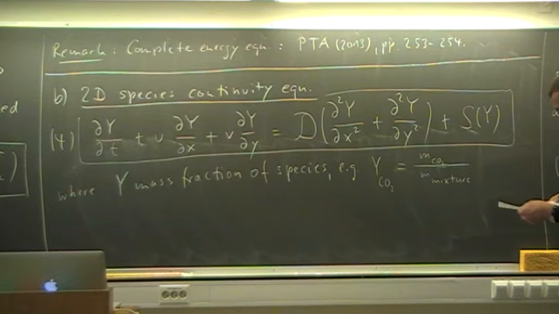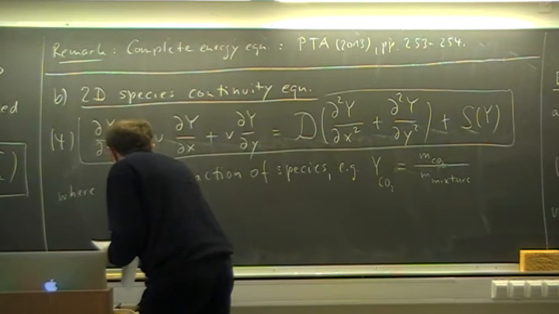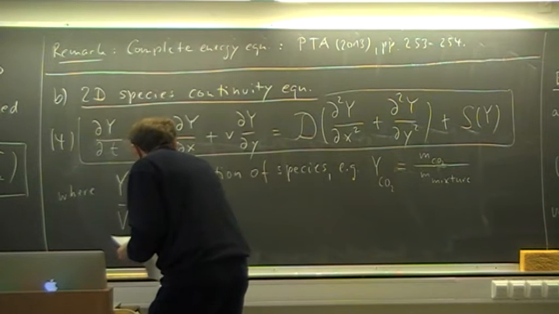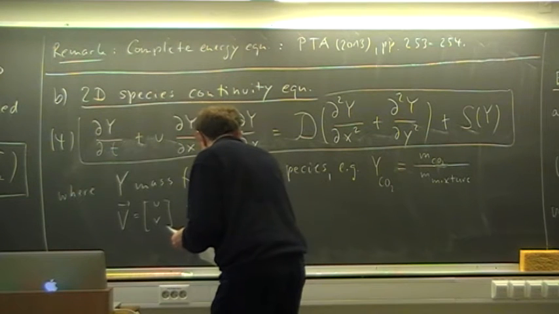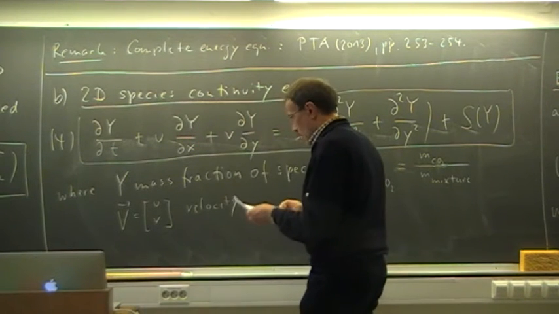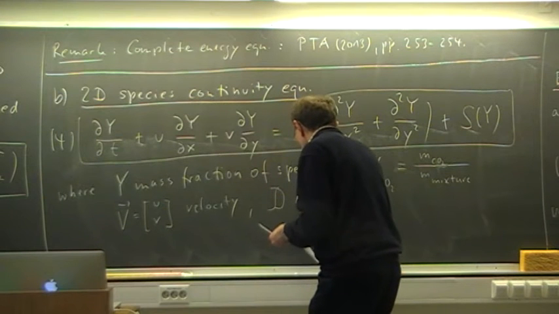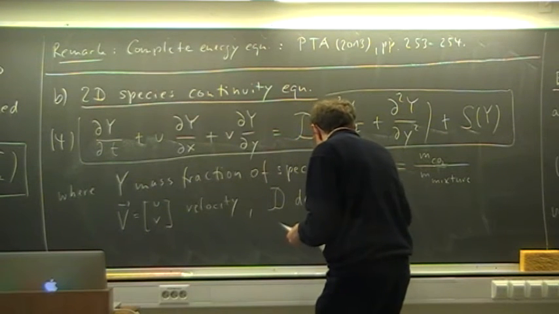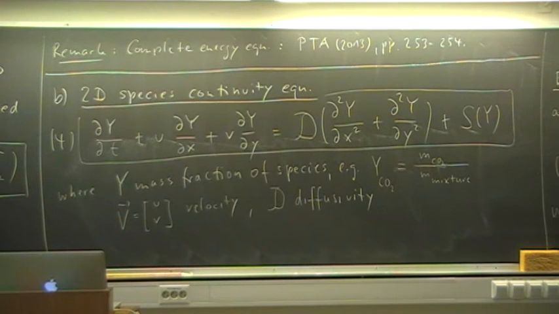Okay. And V is as before the velocity vector, like in the simplified energy equation. It's like velocity. And the D, the curly D, is the diffusivity, which plays the same role as the thermal diffusivity here.